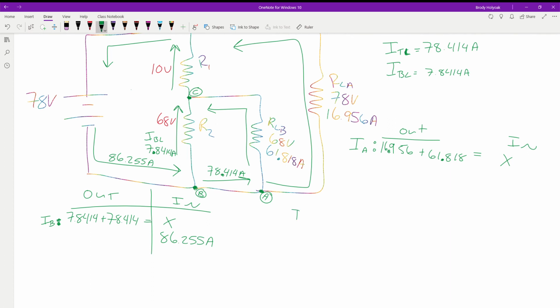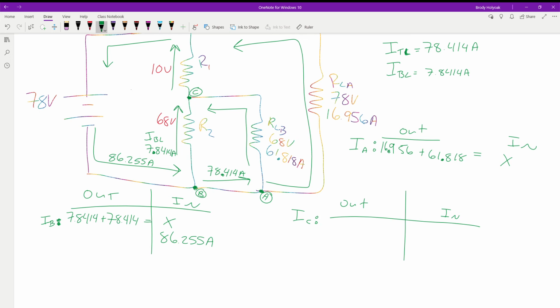The current at point C, we've got current going out, current coming in. What currents do we have coming out of point C? We don't have one yet. We have one, but we haven't solved for it.